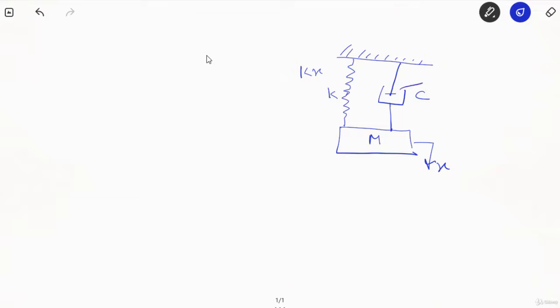Similarly, for damping there is one resistive force which depends upon c into velocity, which has been represented by x dot, right? So two forces have been included in this.